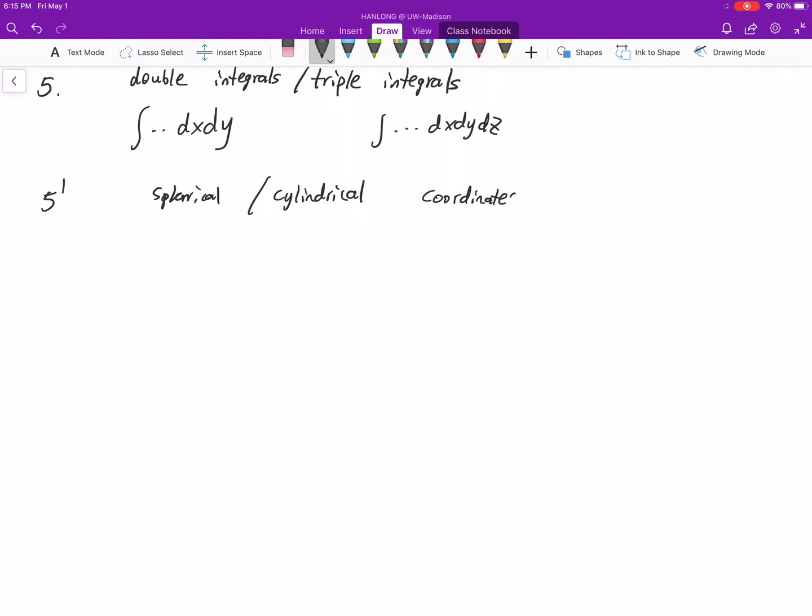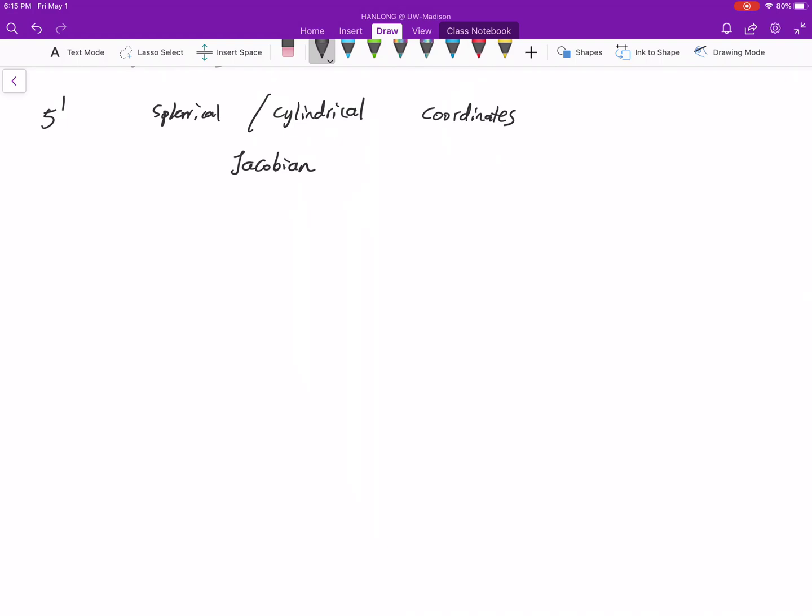And when you do transformation between integrals in xyz coordinates and the curved coordinates, you will have some Jacobian. Okay, and then later we study how to generalize this integral of some solid domain to some embedded smaller objects.